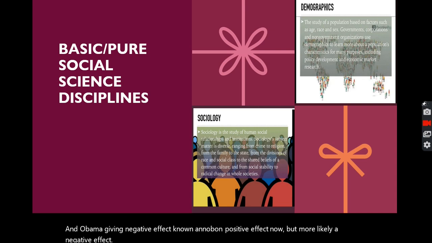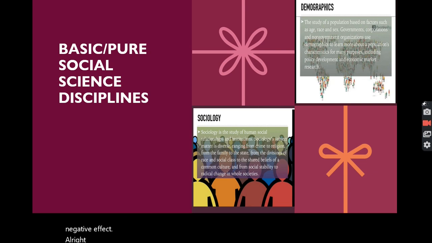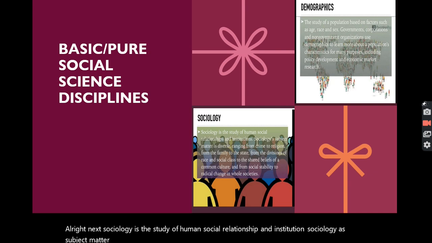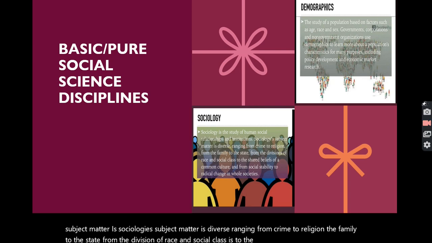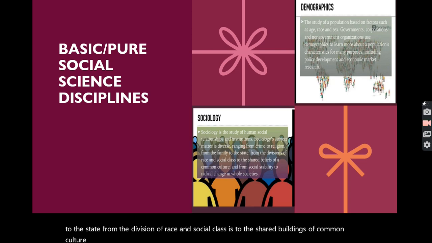Okay? Alright, next, sociology is the study of human social relationship and institution. Sociology's subject matter is diverse, ranging from crime to religion, the family to the state, from the division of race and social classes to the shared beliefs of common culture, and from social stability to radical change in whole society.